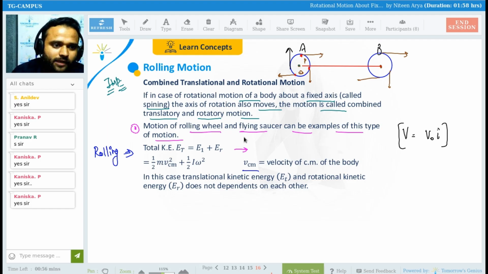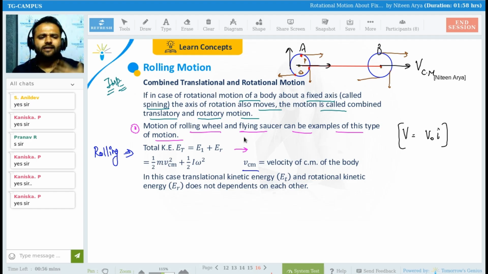Is this clear, everyone? So which velocity can we take to find the kinetic energy in translation motion? We are going to take this, and this is known as the velocity of center of mass. In wheels, or tires, the center of mass is the center itself, because tires are circular, a symmetric body.